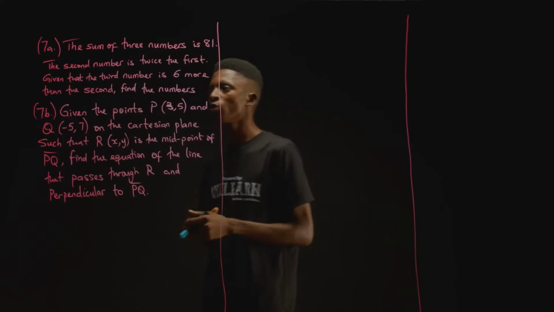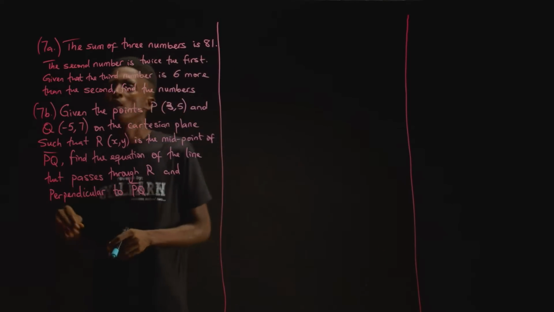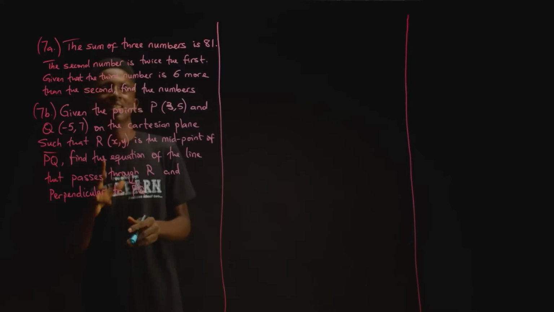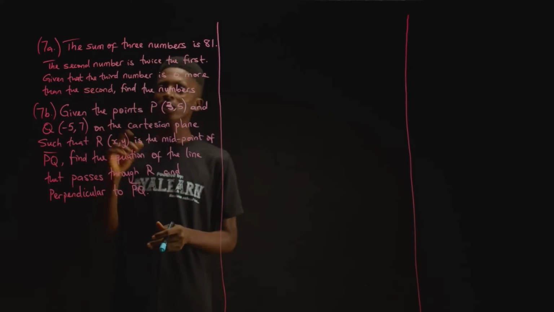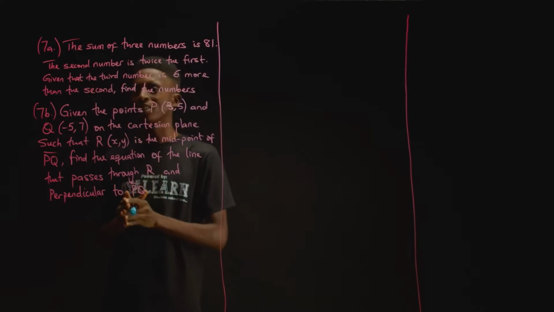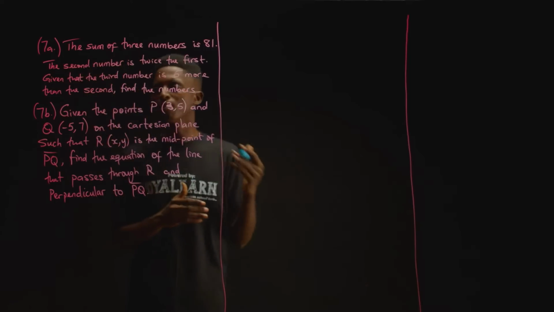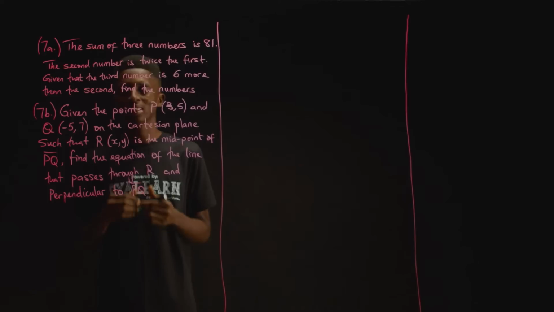Now let's solve question 7. Question 7A says the sum of three numbers is 81. The second number is twice the first. Then given that the third number is 6 more than the second, find the numbers.